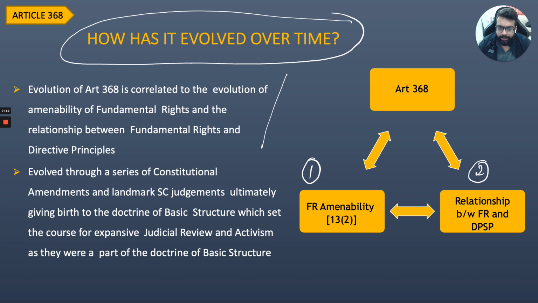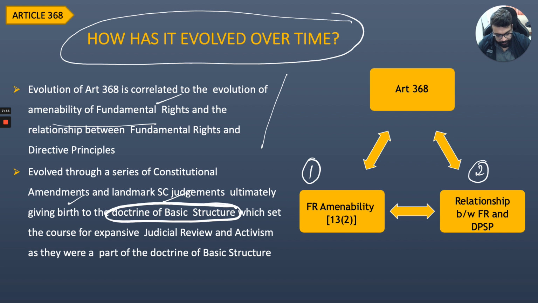So you must mention both of these things, and I've given you a standard statement on this, which is that evolution of 368 is correlated to the evolution of the amenability of fundamental rights and the relationship between rights and directive principles. And this, of course, has evolved through a series of constitutional amendments and landmark Supreme Court judgments, ultimately giving birth to the doctrine of basic structure, which set the course for activism and review.